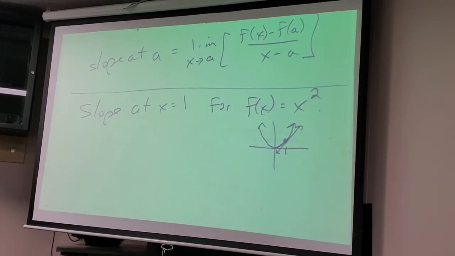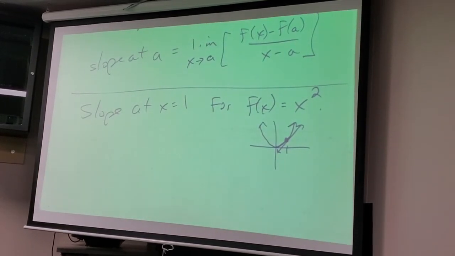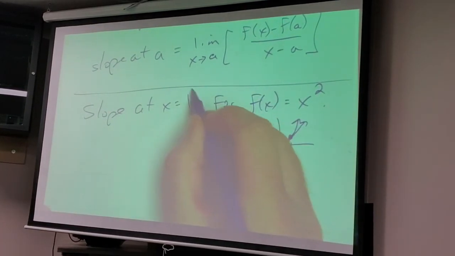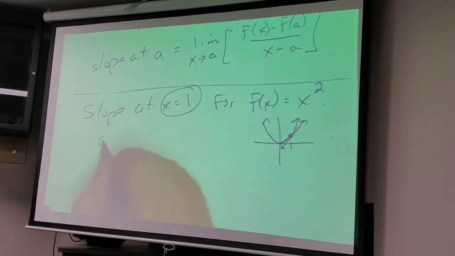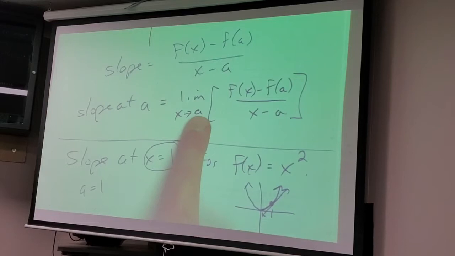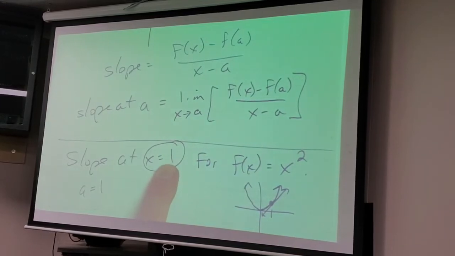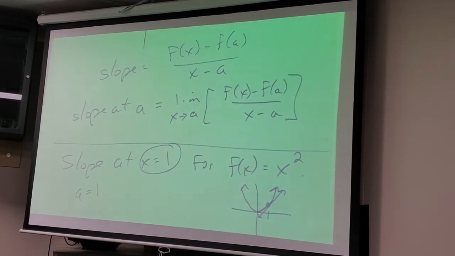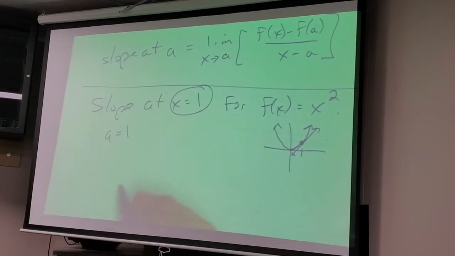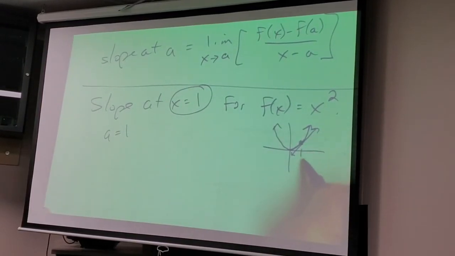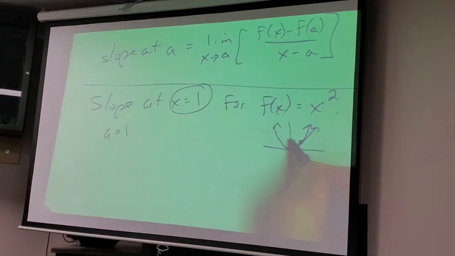So how do I do this? If I want to know at 1, so A equals 1. In this whole process, A is the point that I'm interested in. X is some other input that I let get close to that. Would it be the limit as x goes to 1 of x squared? No, definitely not. Careful. Here's 1, and what's 1 squared? 1.